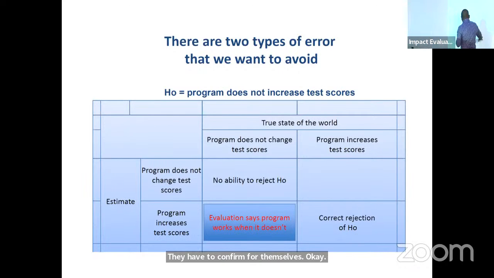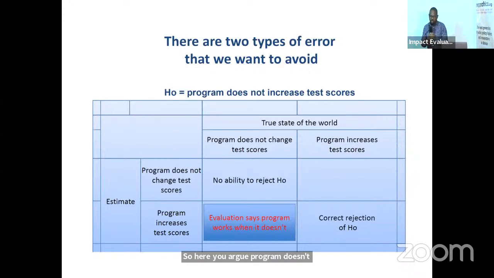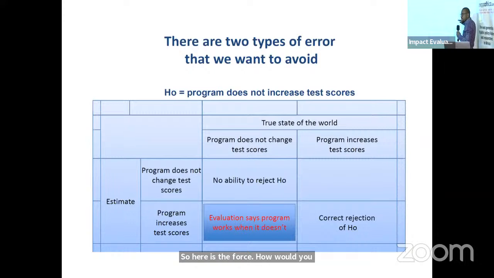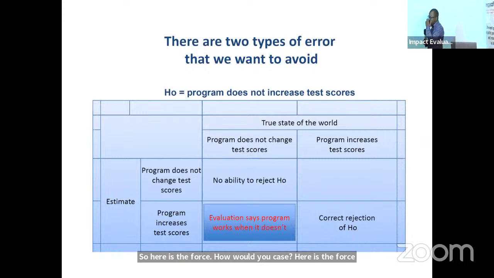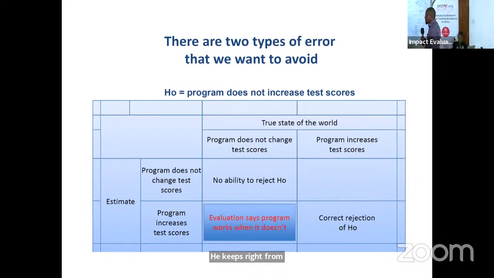So here, you argue the program works, but in reality, it doesn't work. And here, you argue that the program doesn't work, but in reality, it does. So here is the false negative. You're saying, hii kitu haifanyi kazi, this thing doesn't work, but the truth is, it does.